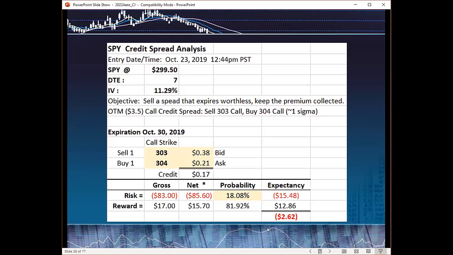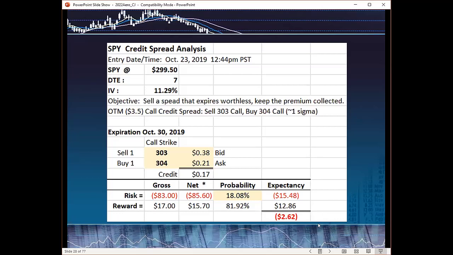But what we're doing is we have an 81.9% probability of keeping that credit we sold once these options expire worthless. And then we have an 18% probability of taking a loss on it. So the max loss would be 83 cents less the commissions or fees, which is $15.